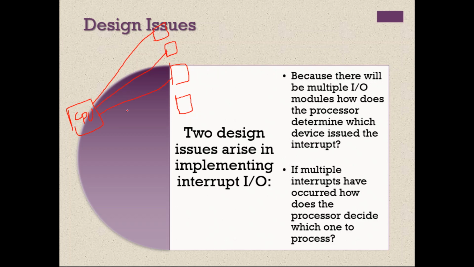Say this is module 1, this is module 2, this is module 3, this is module 4. If any interrupt is raised by module 1, it will be through this line. Module 2 through this line, module 3 through this line, module 4 through this line.